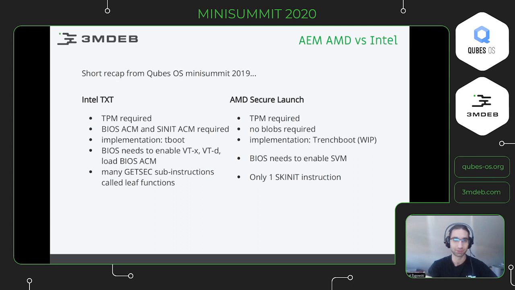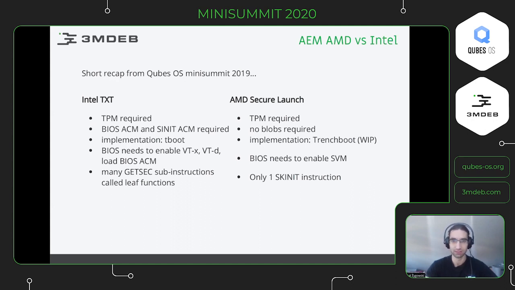Compared to Intel TXT, AMD Secure Launch doesn't require any authenticated code modules or any blobs. The only requirement is that BIOS should enable the SVM, which is the equivalent of the virtualization technologies in Intel.